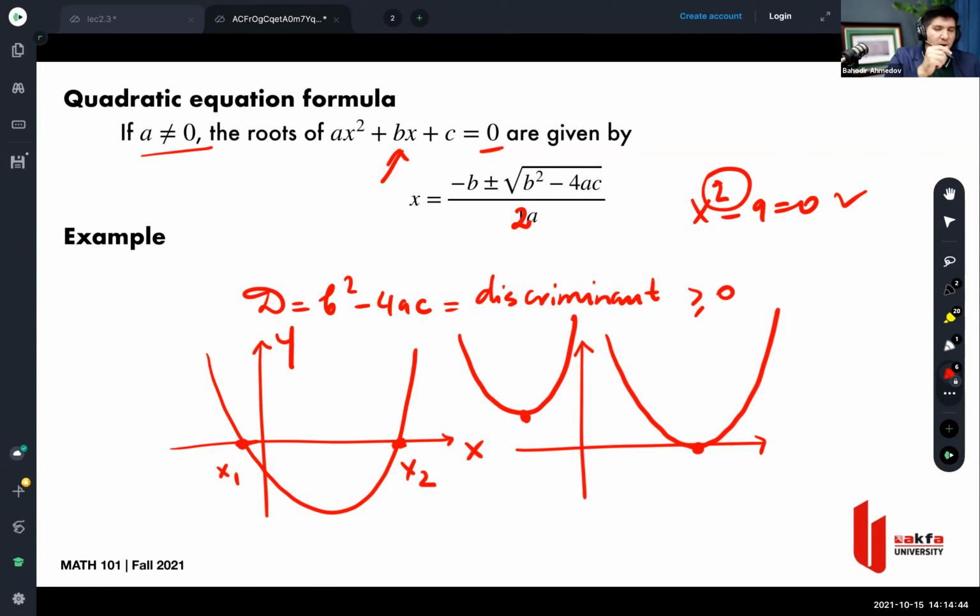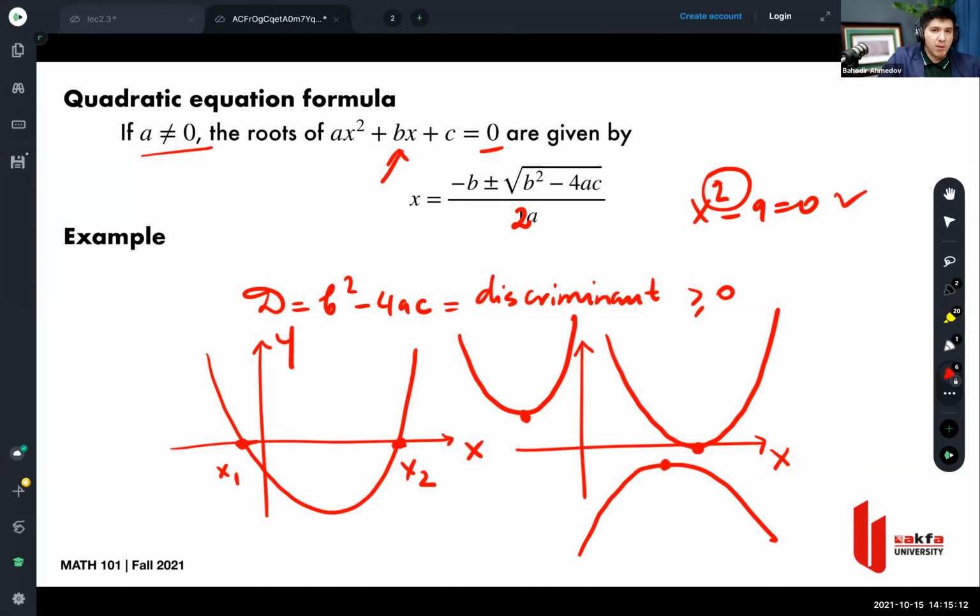This point is called the vertex of the parabola, the lowest or the highest point of the parabola. Or your parabola may look like this, when the vertex is lower than the x-axis. In both of these cases, you're not going to have any solution, right? There is no point where your parabola crosses the x-axis. So depending on this, you are going to have 2 roots, 1 root, or no roots.